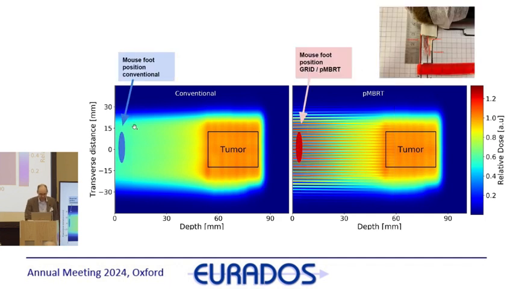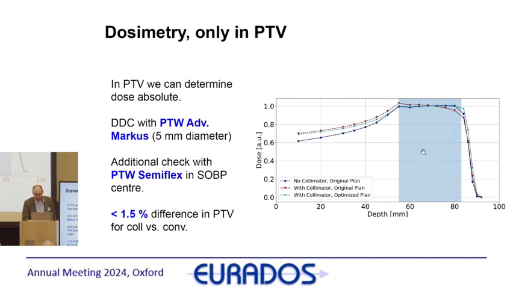The mouse foot positions we would like to have just at the start where the contrast is highest. This is a probe for normal tissue damage, and we use acute skin toxicity to probe it. The hypothesis simply is that we will see less damage here than here for the same tumor dose. We did lots of dosimetry then again in the PTV just to ensure that we are over here.